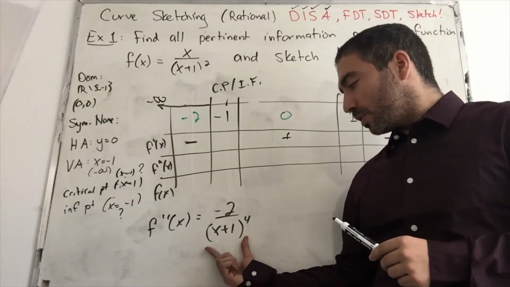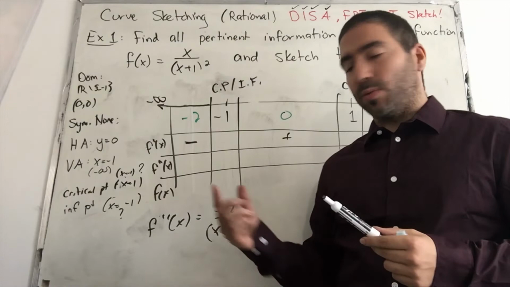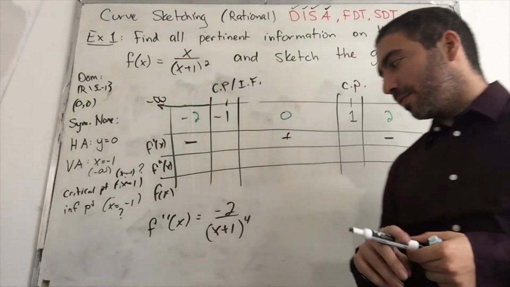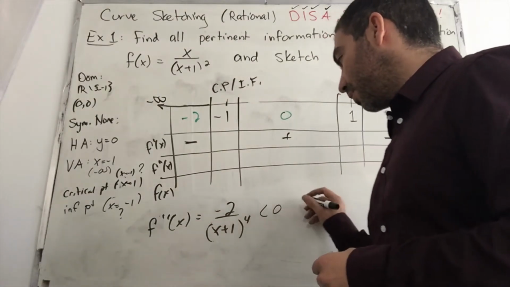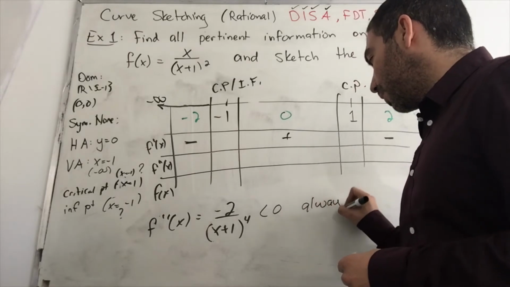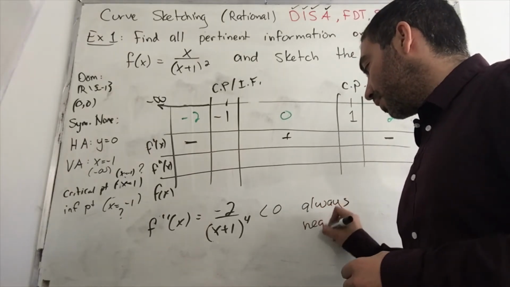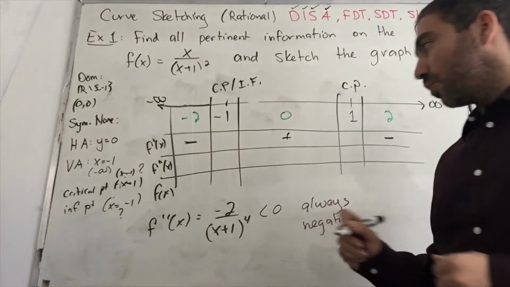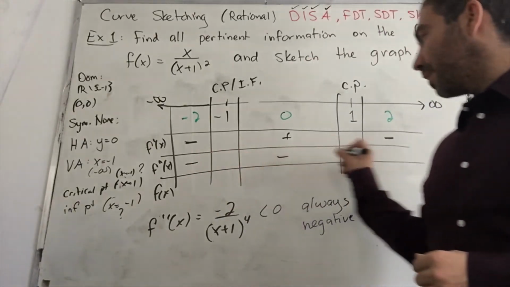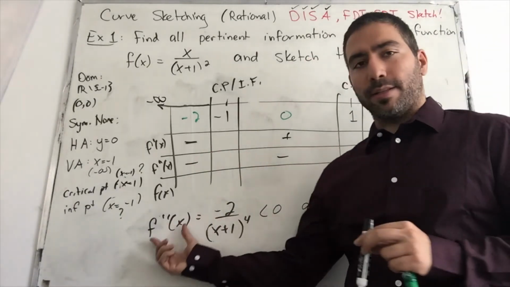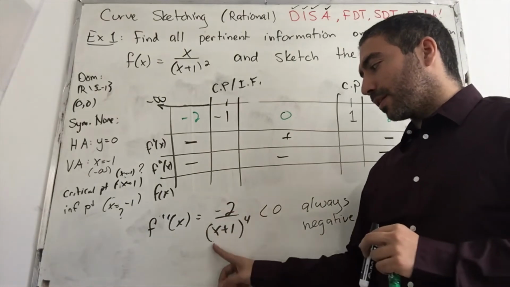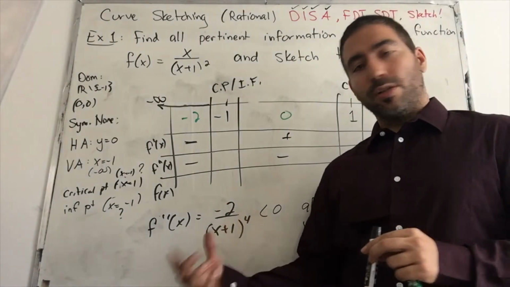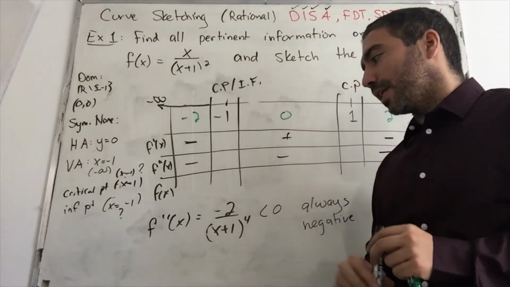So the denominator is always going to be positive, and the numerator is always negative 2. So we have a negative divided by something that's always positive. So this is always negative. So we don't even have to test the points. So it's always concave down. This would be negative, negative, and negative. If you want, you could go ahead and test, but we could see it from the fact that the denominator is to the exponent 4, so it's always going to come out positive, and the numerator is negative 2.